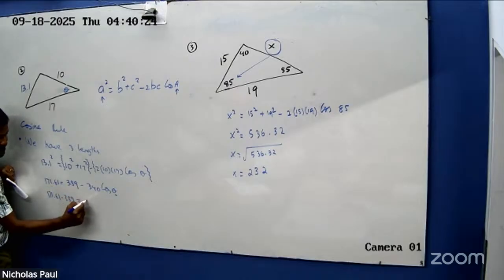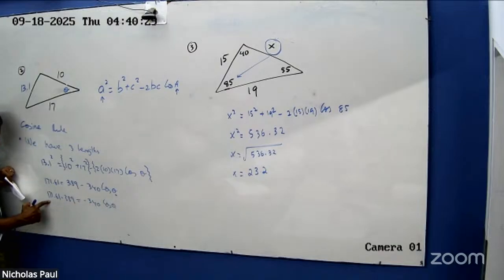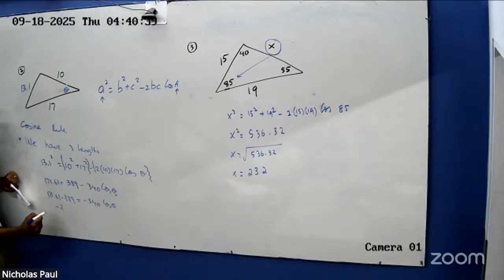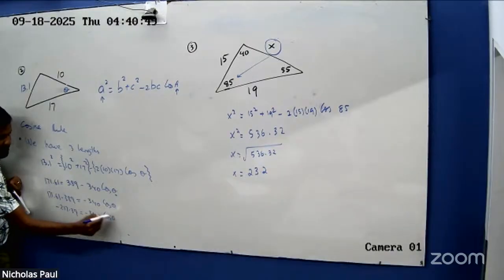I'm leaving this here. How much is this? 217.39. It's minus 340 cosine theta.